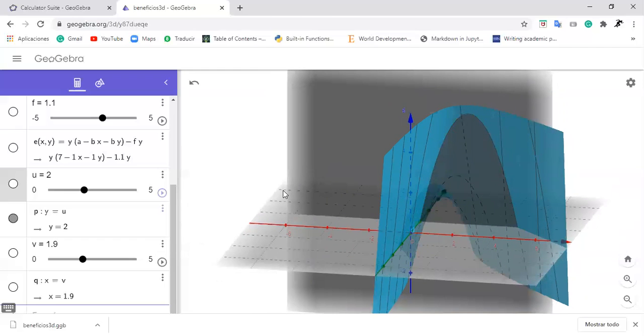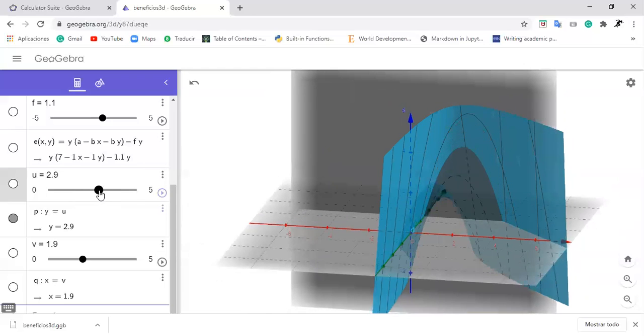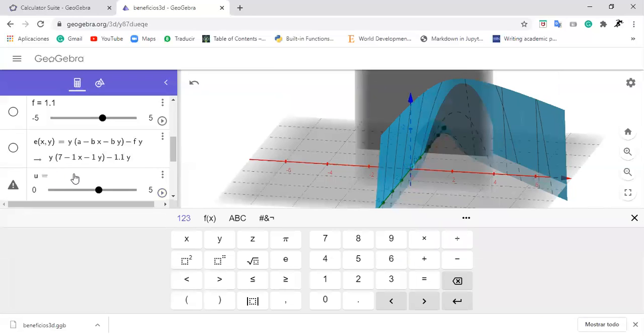But what happens if firm number 2 decides to fix the quantity produced at another level, for example, at this level of 3? Okay, let me fix the level 3. So what happens here?